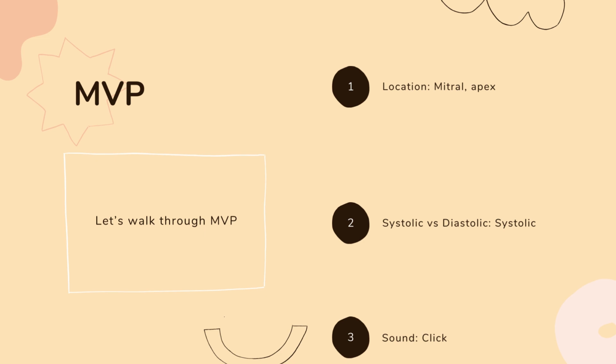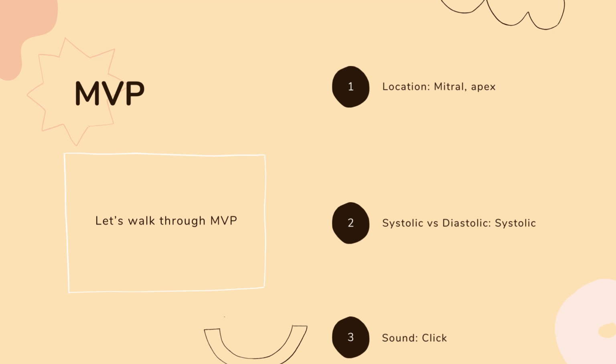Nurse practitioner notes a click on auscultation. She documents on exam, what would be the best diagnosis for this type of murmur, you know? And so clearly that would be mitral valve prolapse. It had all the things, right? So it'll be things of that nature that you would have to identify. You know what I'm saying?